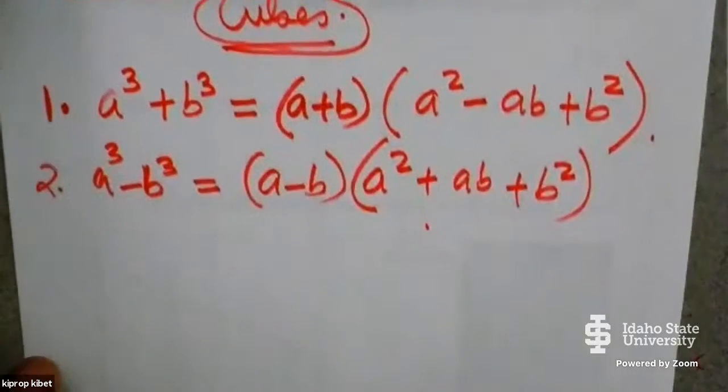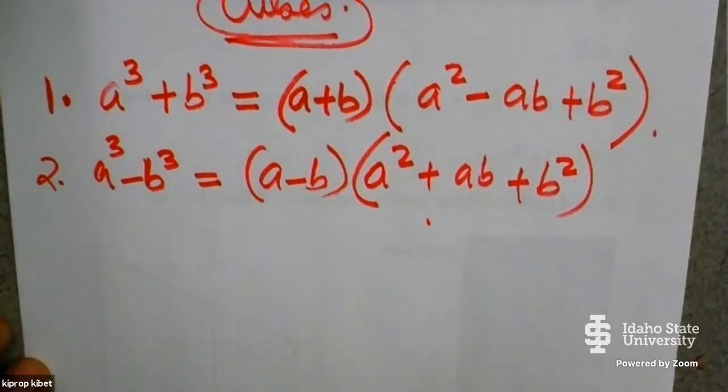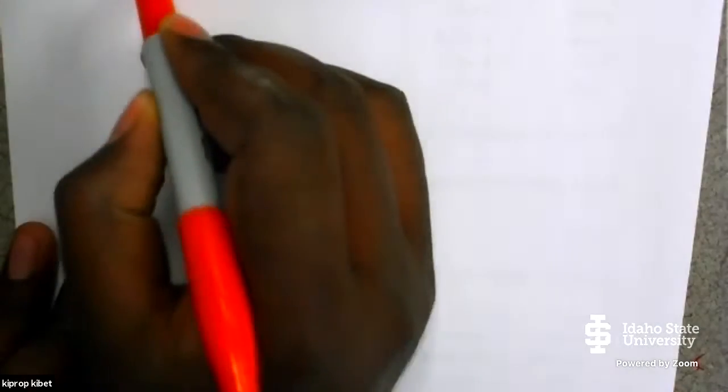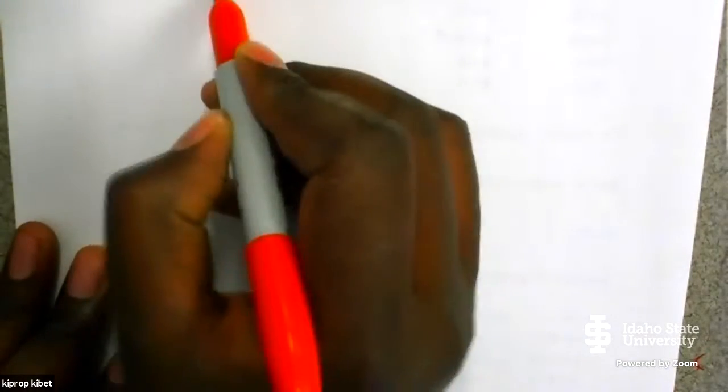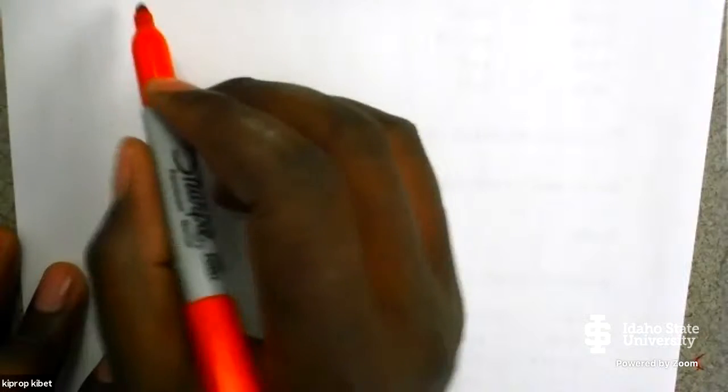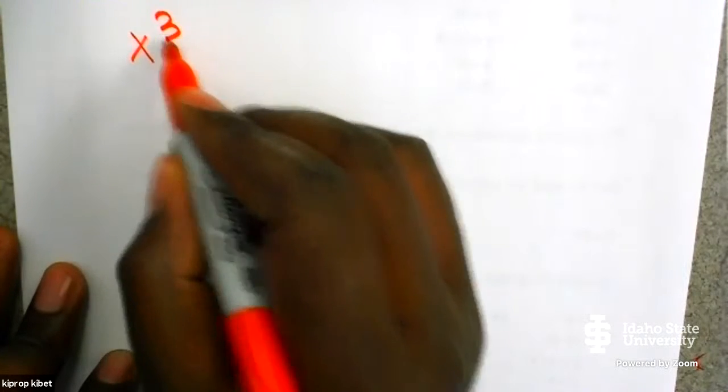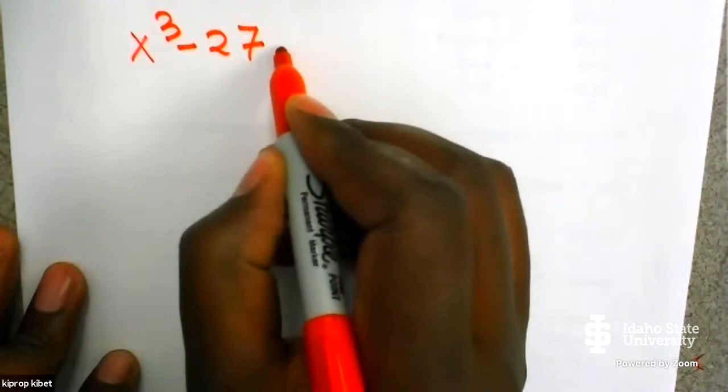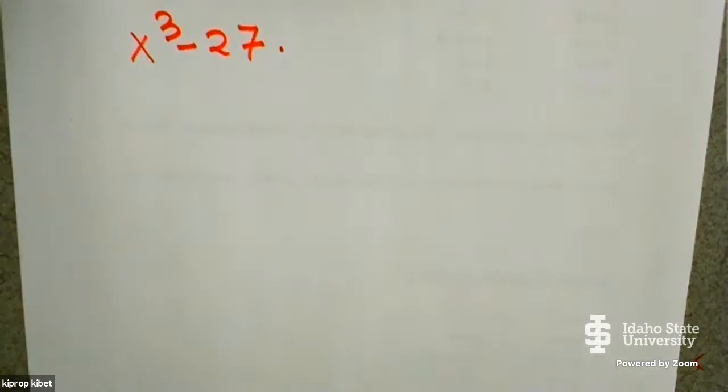Now, if you're given an example, so example number 1. x cubed minus 27.